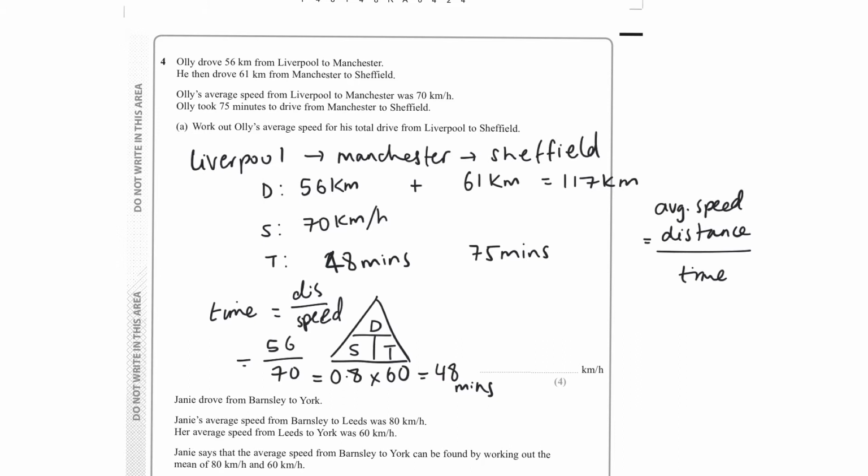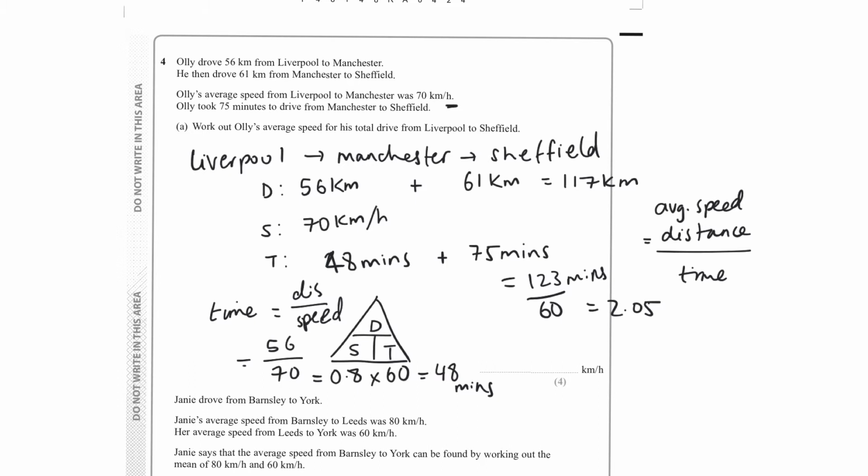But then from Liverpool to Sheffield, add 48 and 75, and that should give you an answer of 123 minutes. But remember, we've got it in minutes, and we need hours. So to work out how many hours that is, we need to do 123 divided by 60, and that would give you an answer of 2.05 hours.